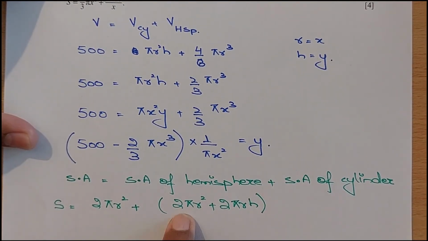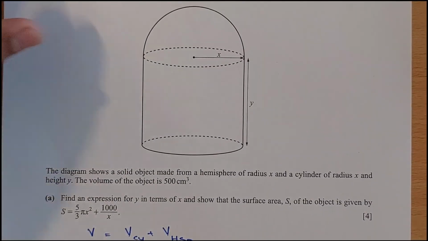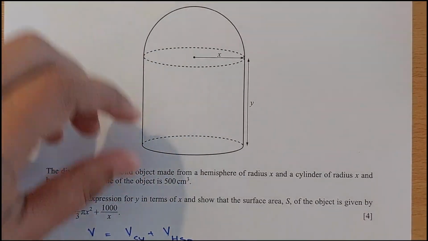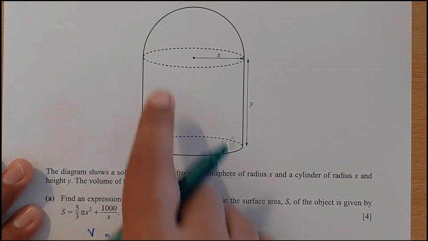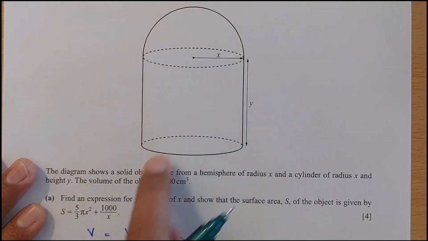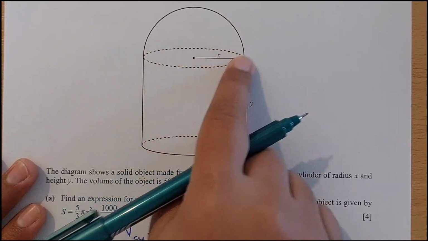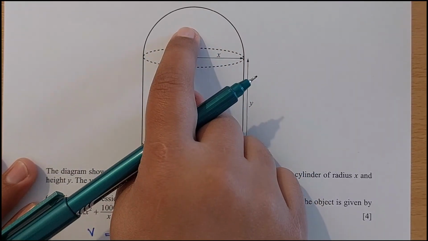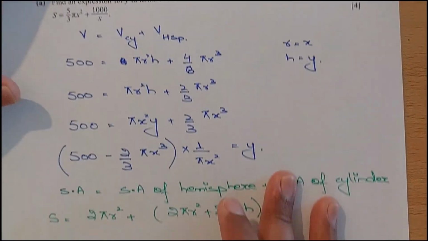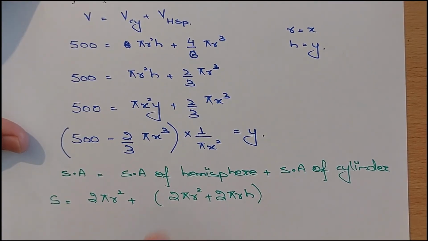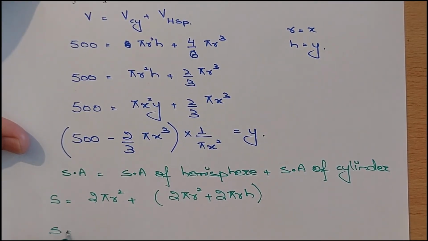We use 2 pi r squared when we have upper and lower circles, right? The upper surface of the cylinder is circular and the lower is also circular, but as you can see, this upper portion is covered by the hemisphere, right? So we are not using 2 pi r squared, we are just using pi r squared.